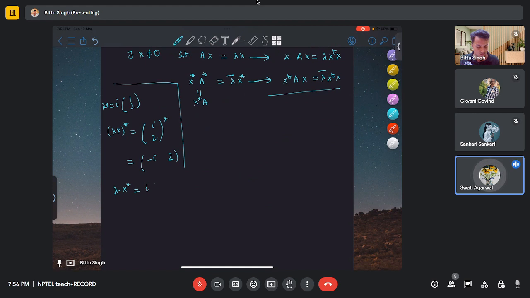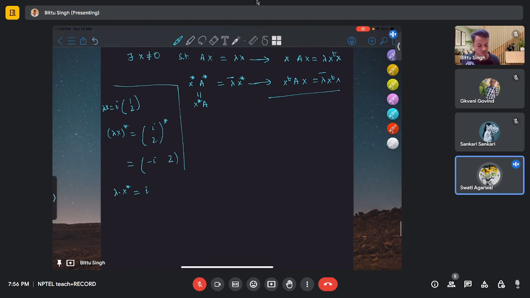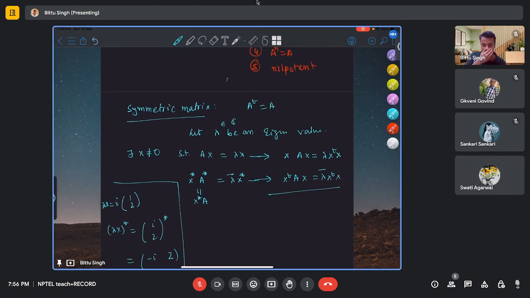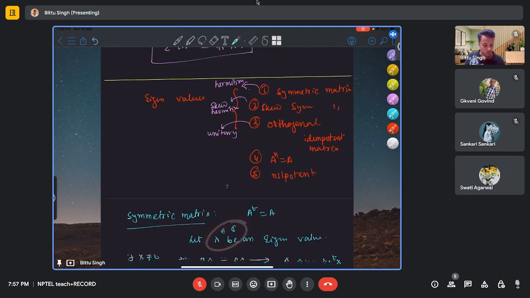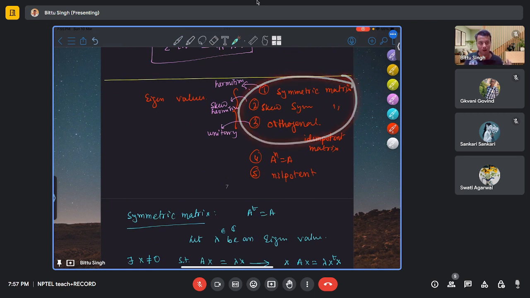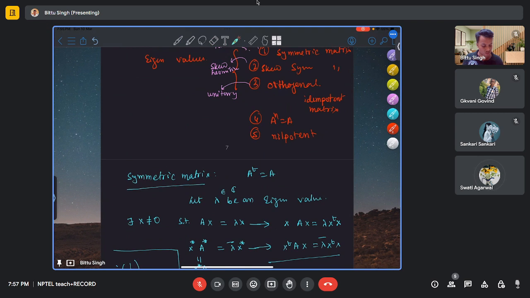So are we trying to take an example where lambda is complex and then trying to prove it cannot be complex? Yes, yes. We are trying that. We have taken lambda from the field C. So what I said previously, the underlying field is assumed to be complex. Otherwise, there is no meaning to this fact.